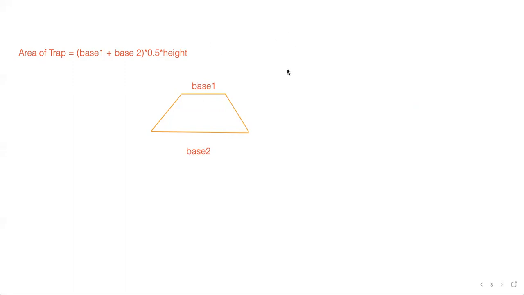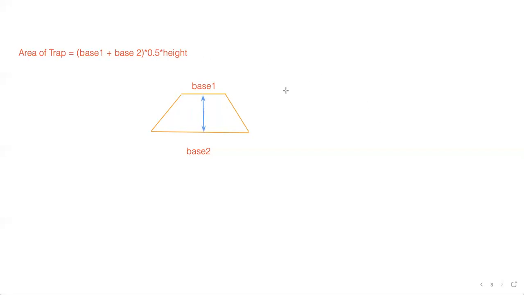And the height of the trapezoid is the distance between the two bases. So it doesn't matter where you find the distance between the two bases, the height should be the same. If your trapezoid is drawn correctly, mine's maybe a little bit crooked, but it's just the distance between the two bases.